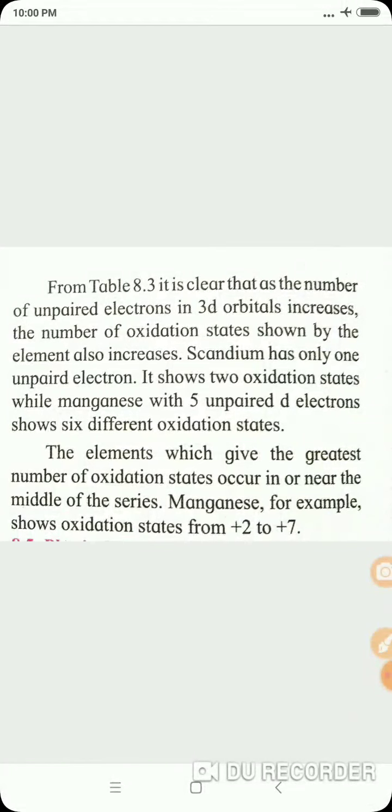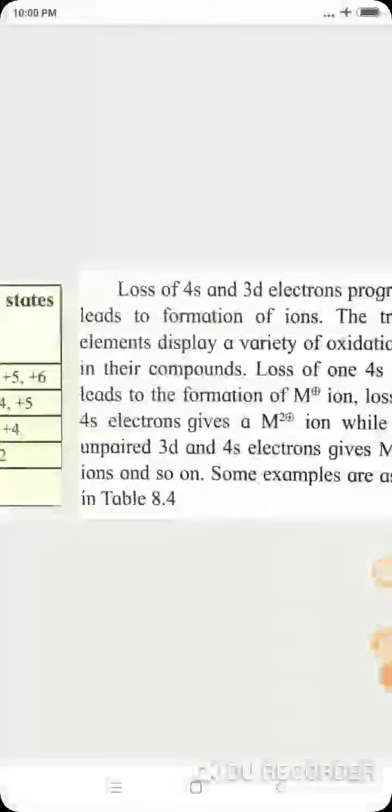Now next, scandium shows two oxidation states, while manganese, with 5 unpaired d electrons, shows 6 different oxidation states.